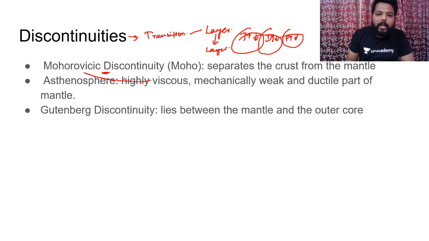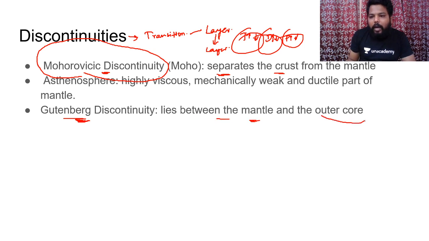Among these discontinuities, the most important one is the Mohorovicic discontinuity. This discontinuity separates the crust from the mantle. Do remember this. Next, the Gutenberg discontinuity lies between the mantle and the outer core.